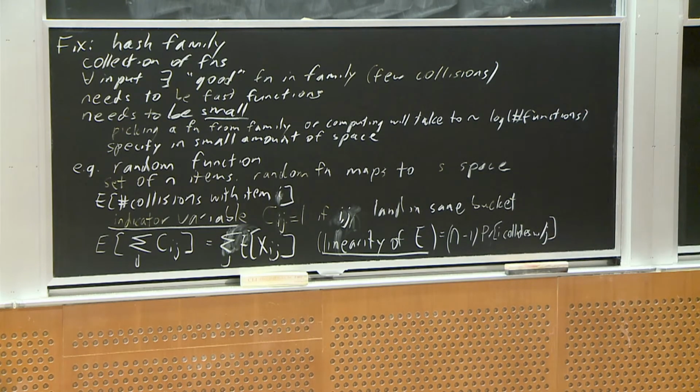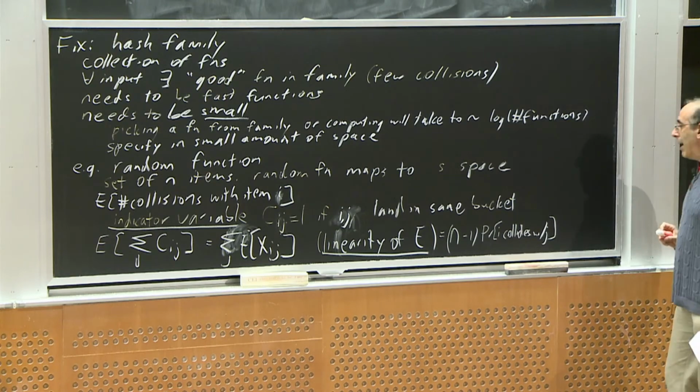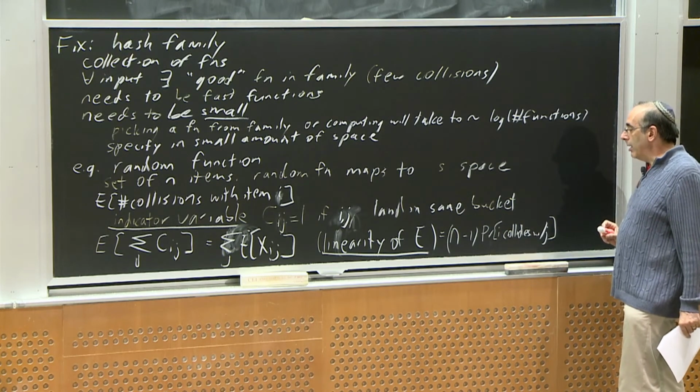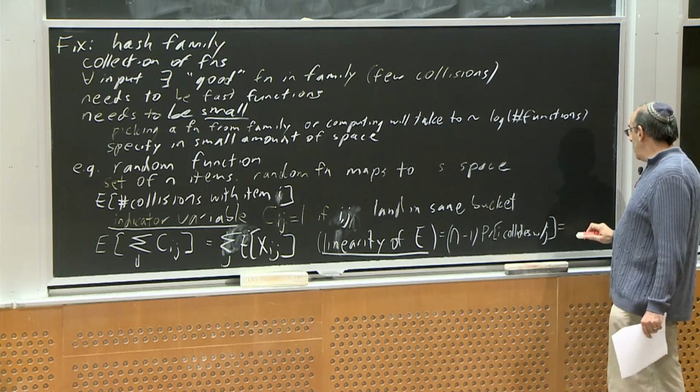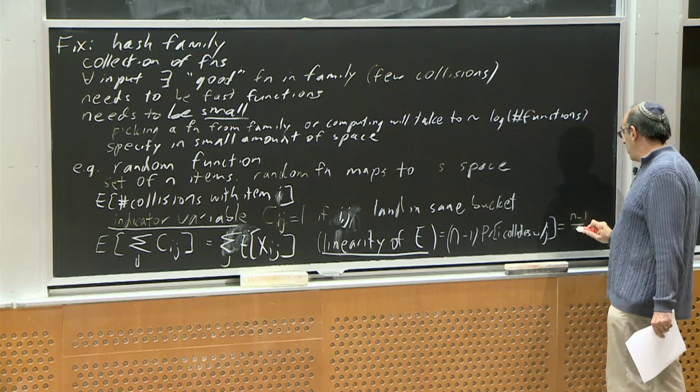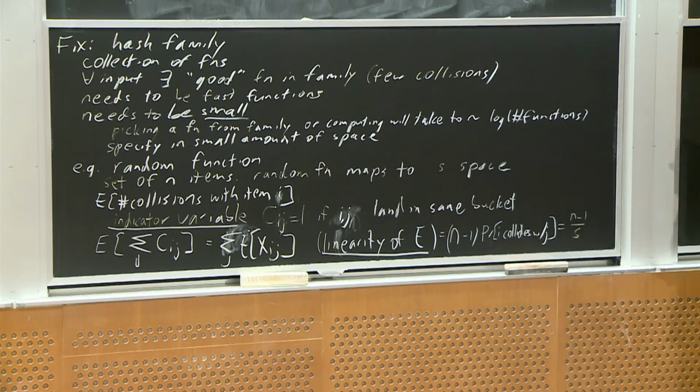Right? And since items are being mapped uniformly at random, the probability that that happens is 1 over s. And so I end up with (n minus 1) over s collisions in expectation.